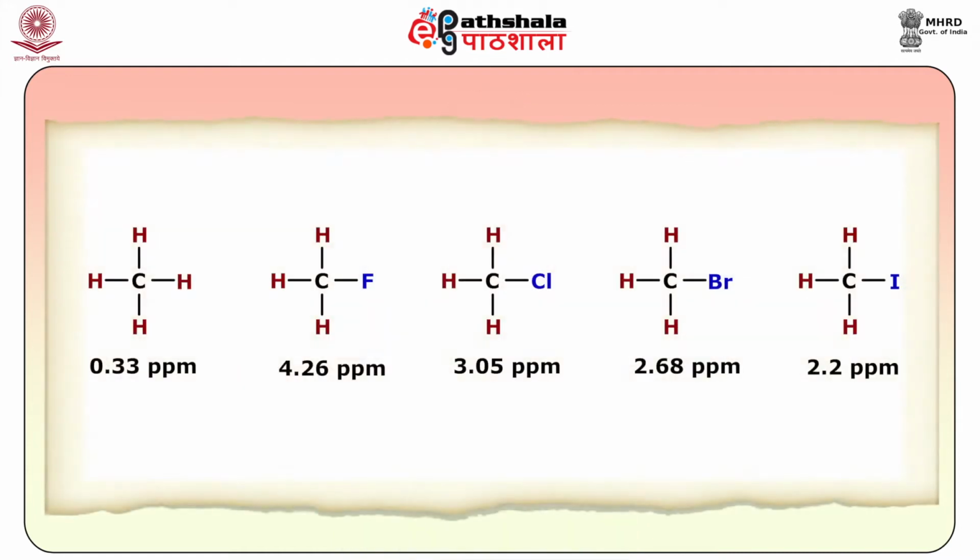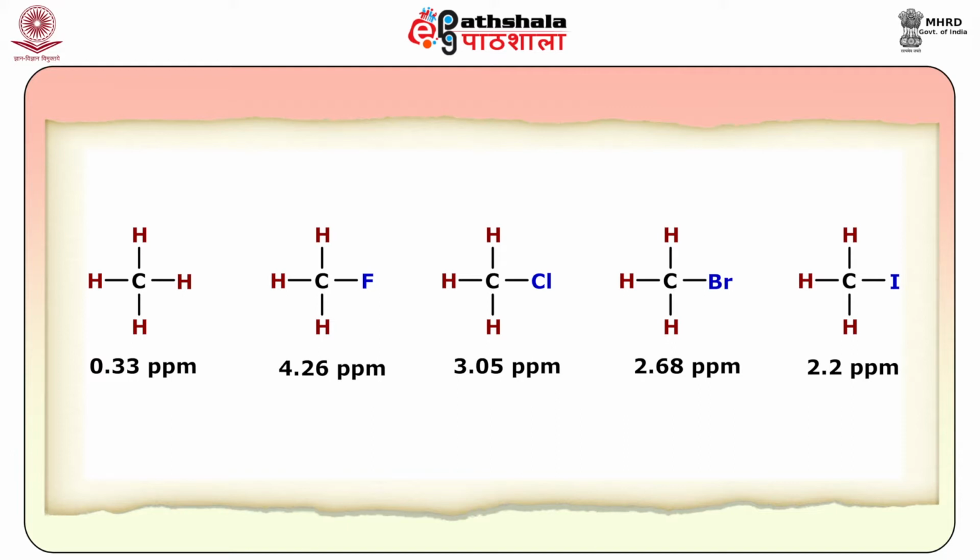The chemical shift values of CH4, CH3F, CH3Cl, CH3Br and CH3I, that is methane, methyl fluoride, methyl chloride, methyl bromide and methyl iodide protons are 0.33, 4.26, 3.05, 2.68 and 2.16 respectively.